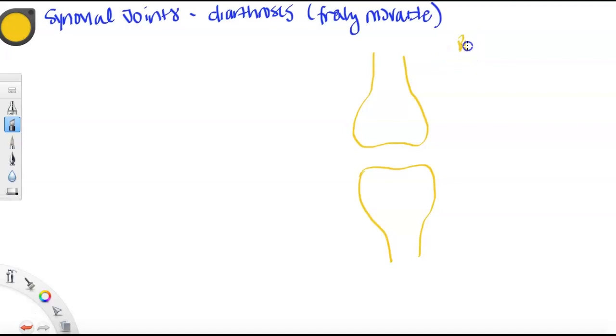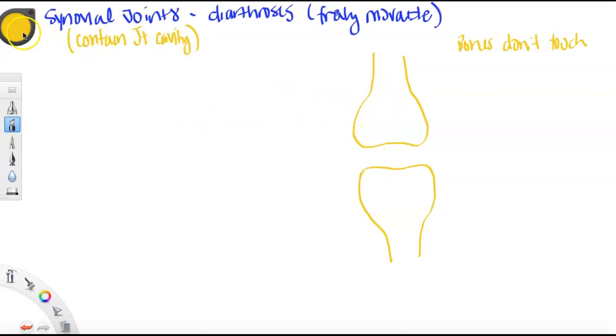So the bones don't touch. And they're surrounded by a cavity. Okay, these synovial joints have joint cavities.